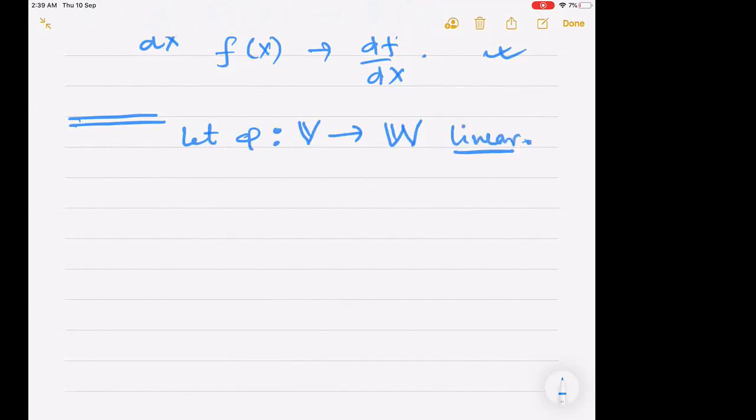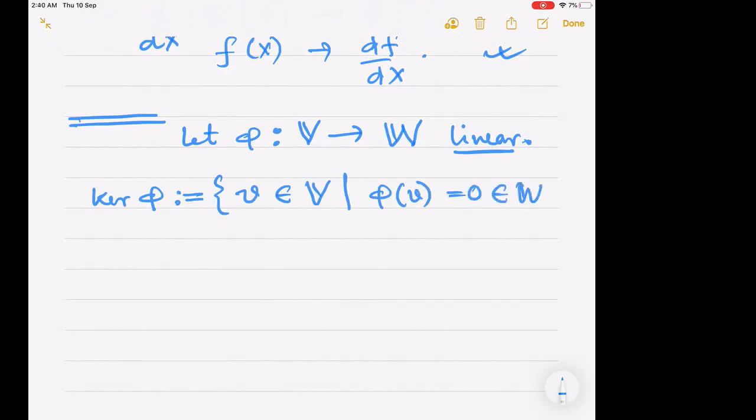When we say mapping, we mean linear unless otherwise specified. We define the kernel of phi to be all those vectors v in V such that phi acting on v is the 0 in W. That's the null space of phi. This obviously is a subspace of V. You can go ahead and check that this is a subspace.